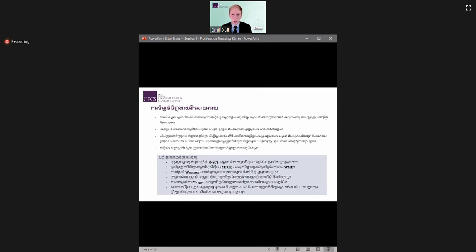The first one is the Nuclear Suppliers Group, which contains information on nuclear materials and technology, including dual-use items. But there are also others that are more specific. For example, the Missile Technology Control Regime, which the name gives away, focuses on missile technology.